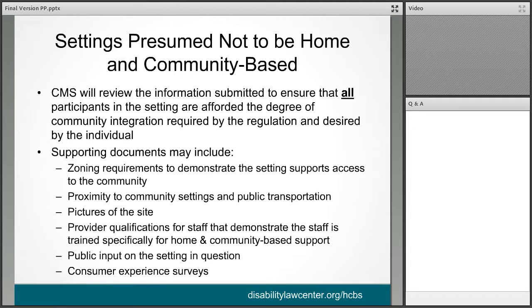And so what will happen is if you hit any of these factors, then a state is going to submit sufficient information to document that your setting doesn't have the qualities of an institution and does have the qualities of an HCBS setting. And again, remember, they're doing this because home and community-based services are an alternative to institutional care.